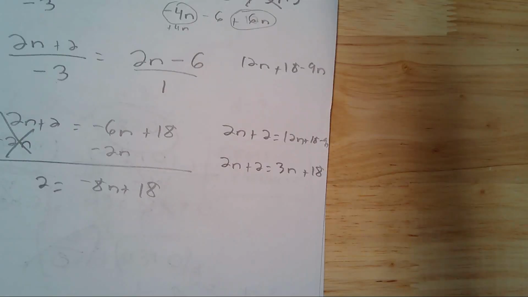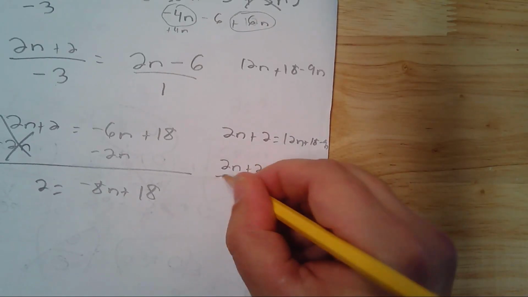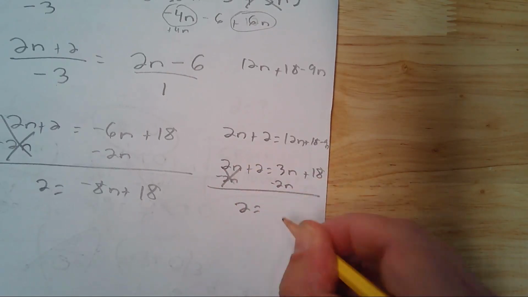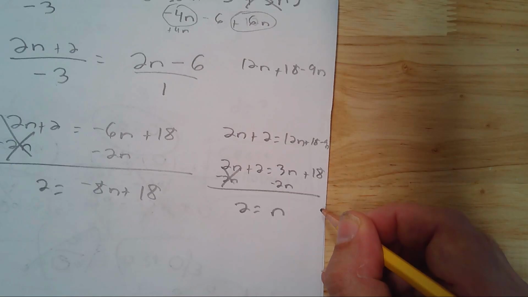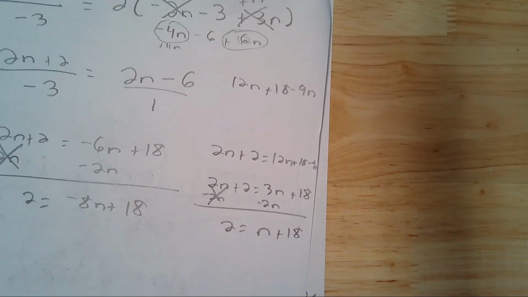Then I think that I did 3 and subtracted by 2n. Yeah. So then you would have 2 equals, you would have n minus 18. When it should have been n plus 18.